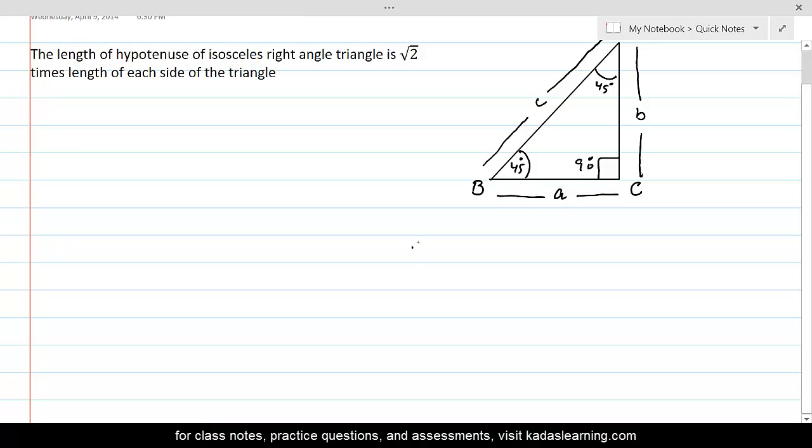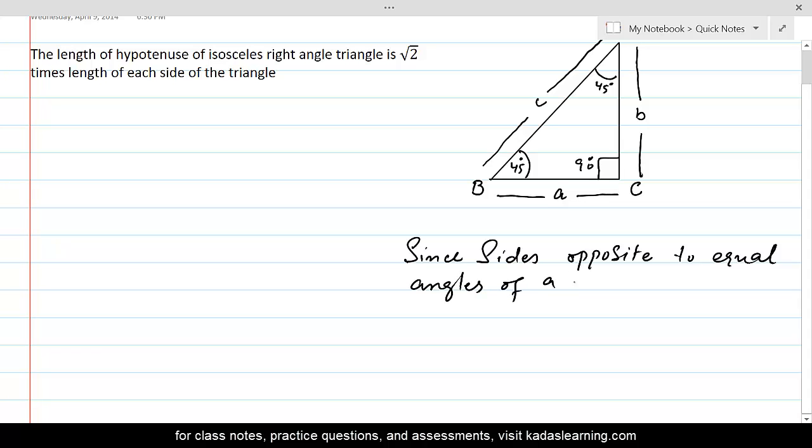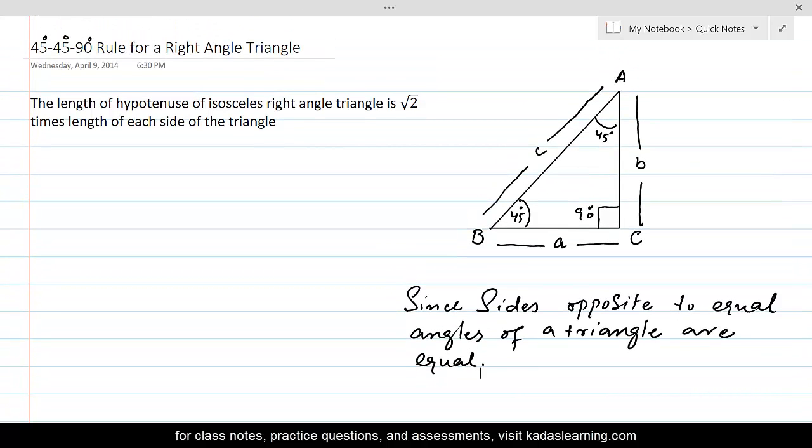Since sides opposite to equal angles of a triangle are equal, therefore if this is 45 degrees and this is 45 degrees, then angle B is also equal to angle A. If angle at A and angle at B are equal, then the side opposite to angle A and the side opposite to angle B must be equal, according to this result which we have derived already.